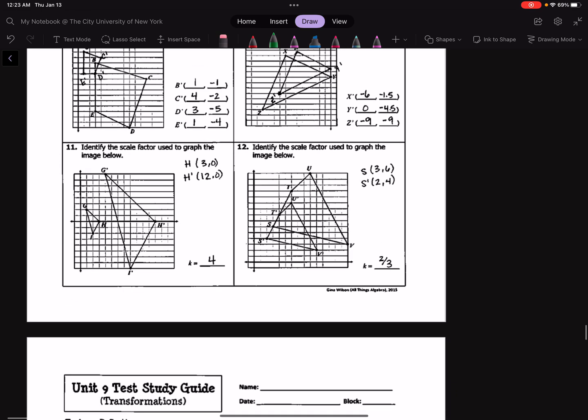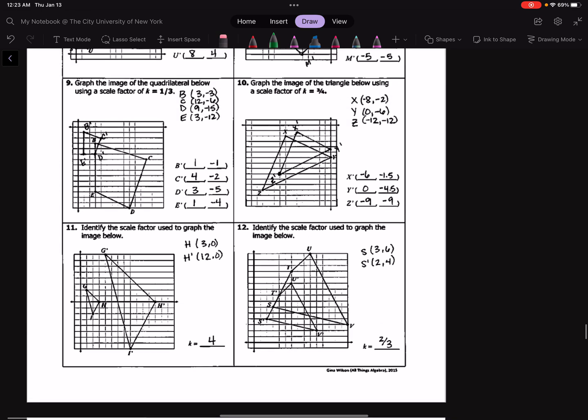Remember, once dilation takes place, it changes its size. Let's say a dilation takes place with this. It changes from this, and since the value is less than 1, it reduced. But every angle remains the same.